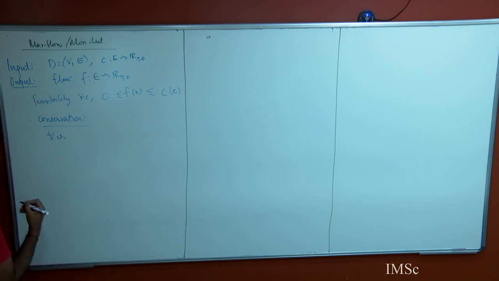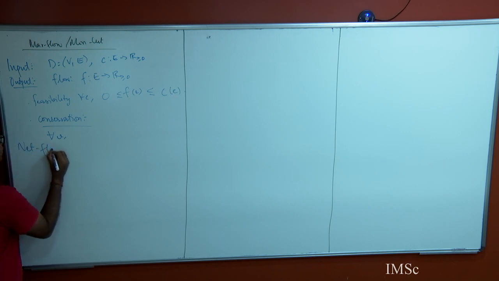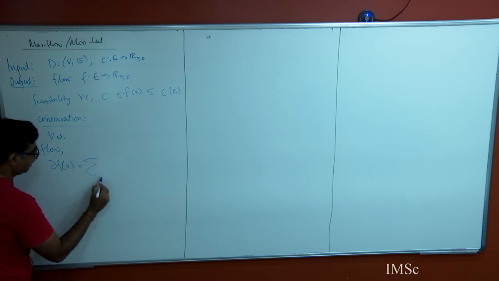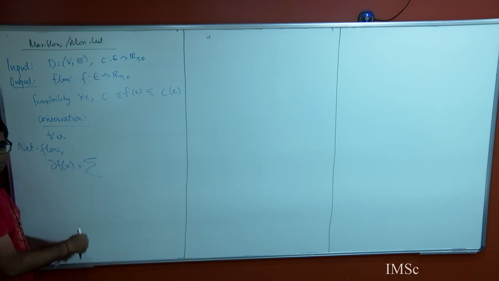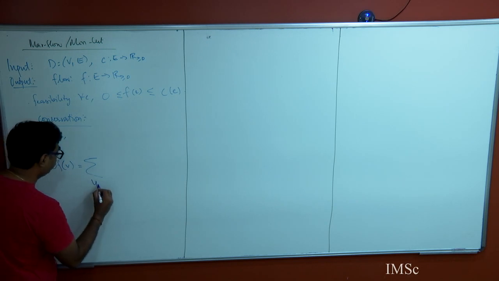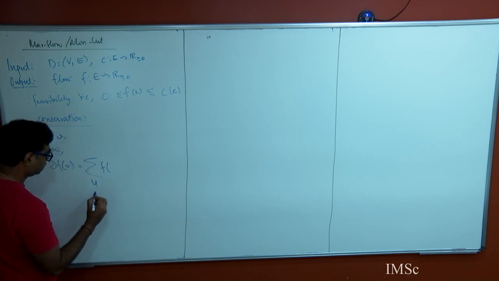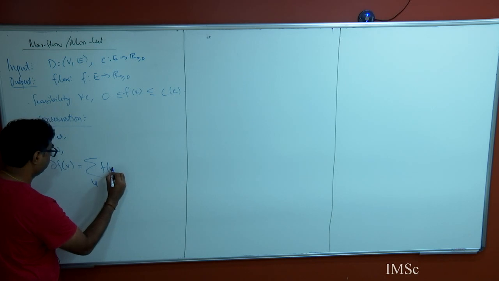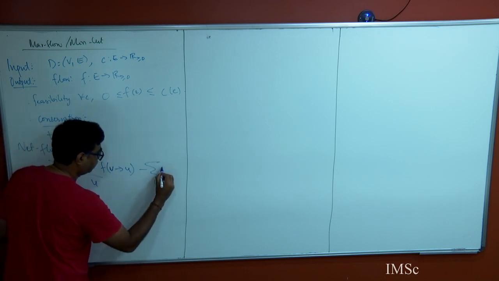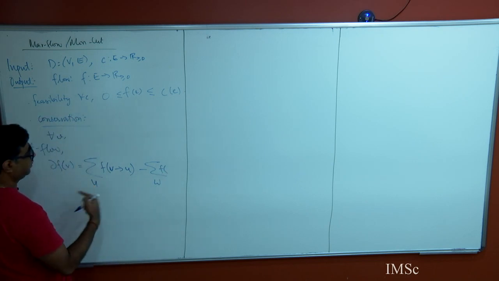So we defined the notion of net flow. What is the notion of net flow? For v, it is basically what is going out minus what is coming in. So that is basically the sum over all u of flow from v to u minus the sum over all w of flow from w to v.